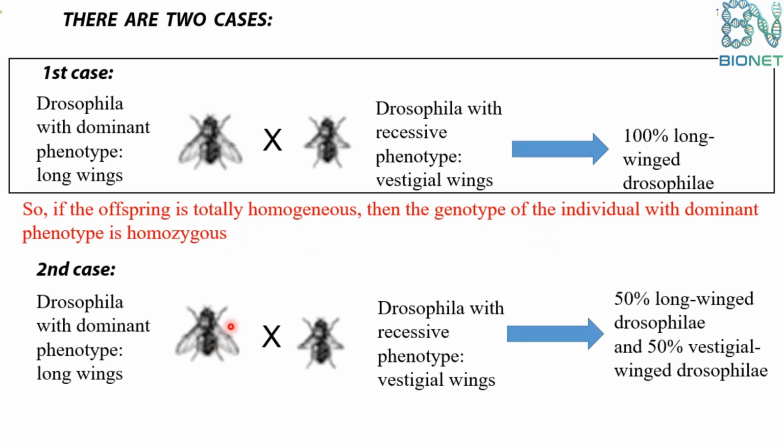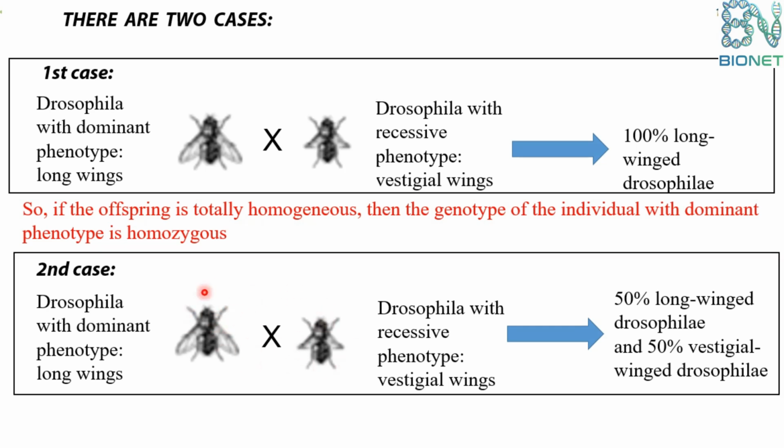Second case, what can we obtain as a result? We have here the same cross, dominant with recessive, but in the results we have obtained 50% of the descendants have long wings and the other 50% have vestigial wings.